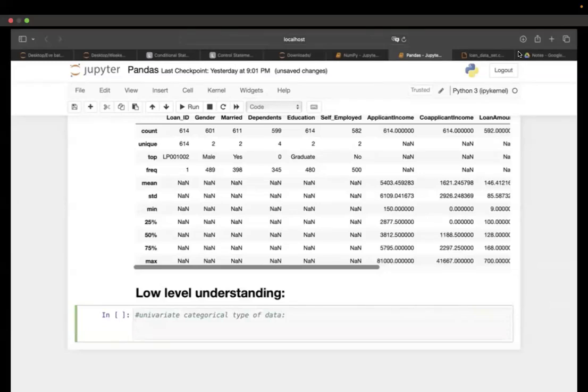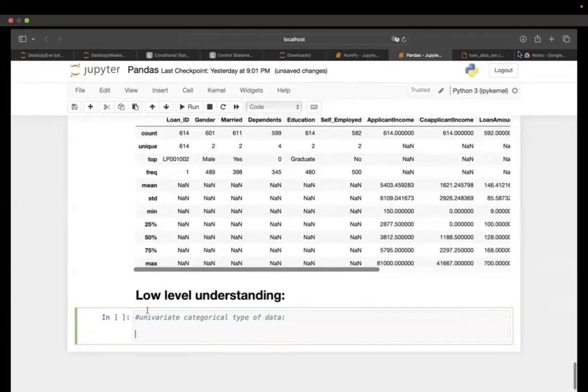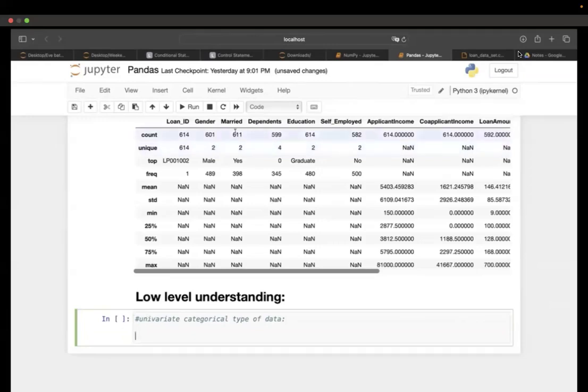Now, I'm giving you the approach for this, how you're going to do the analysis. Okay. Give me a moment. Yeah. So suppose you want to identify, let's say, how many different values there are in your loan status. Getting me?